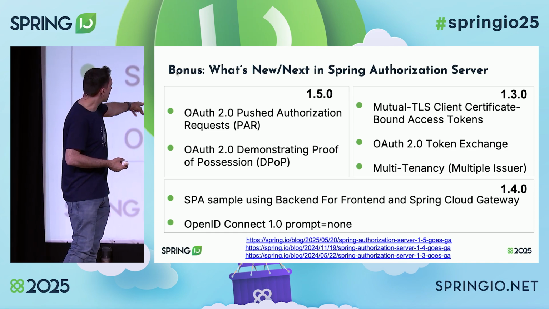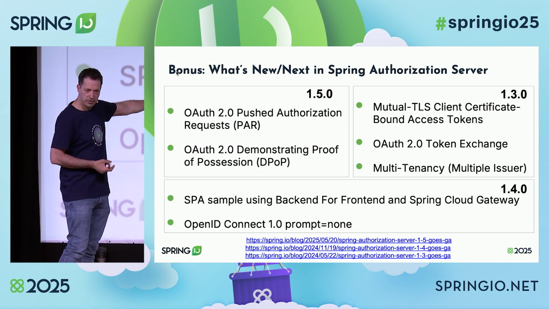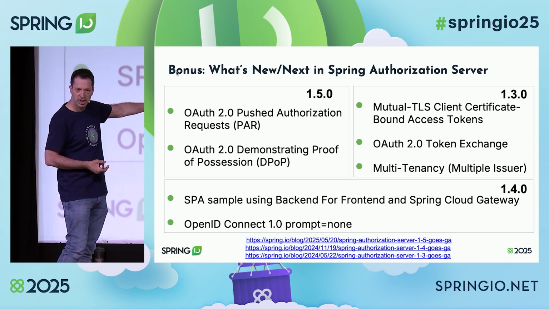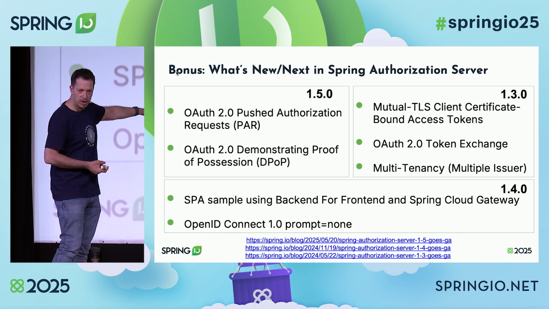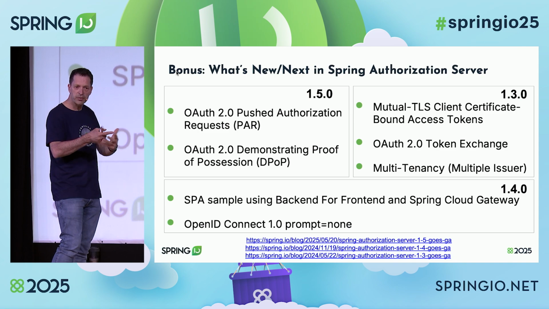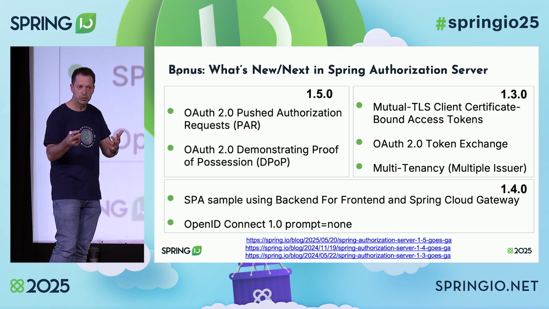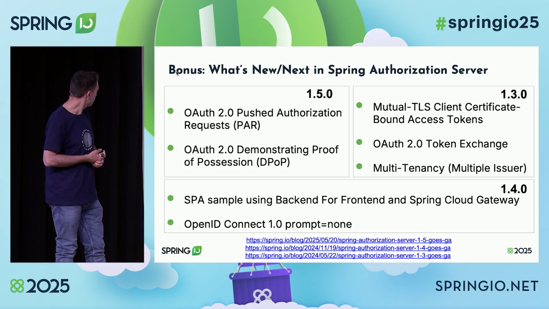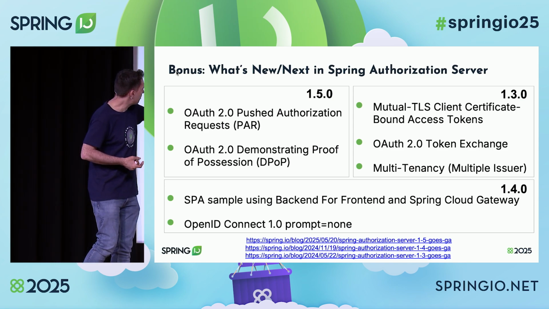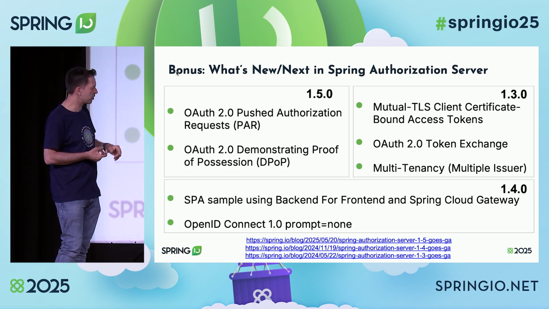And there's a great example now in the Spring Authorization repository that you can use as a starting point. It provides a simple single-page application, with all the applications involved, with a gateway and authorization server, to implement such backend for frontend applications.